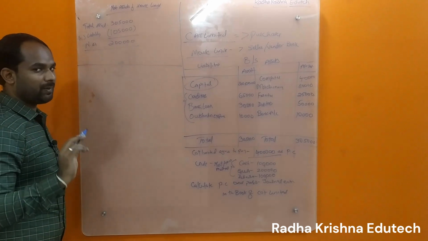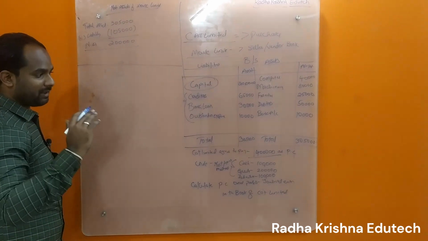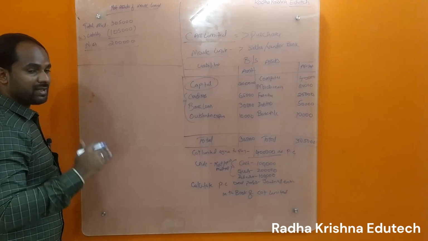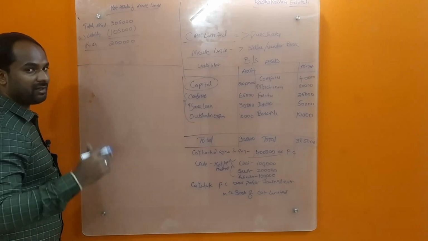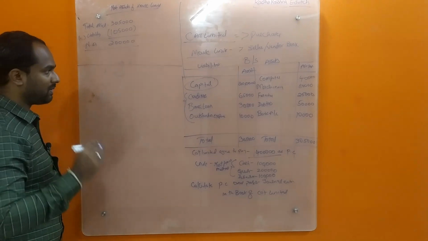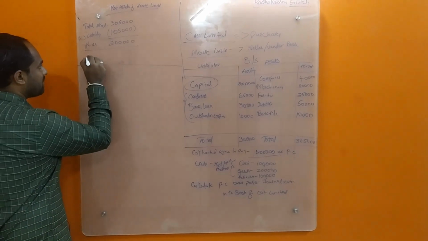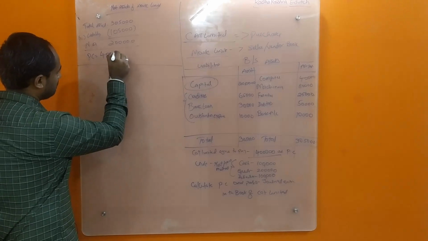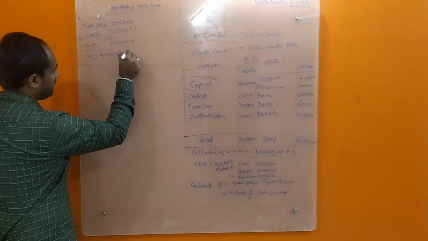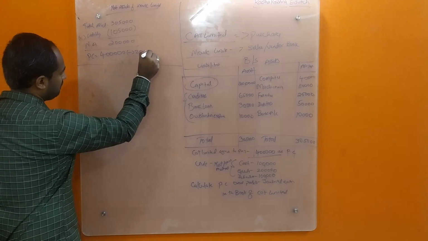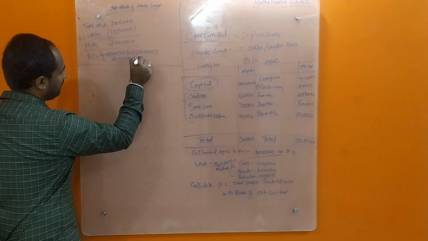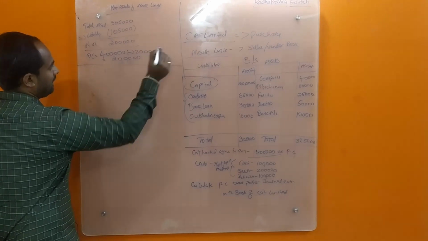Whether it is a goodwill or capital reserve, how will you come to know? A formula is that if you are paying more than your net asset, that is, if PC is more than your net asset, then it is a goodwill. If it is less than your net asset, then it is a capital reserve. So what is my PC here? PC is 4 lakh, right? 4 lakh minus 2 lakh. So 2 lakh I am paying more, right?